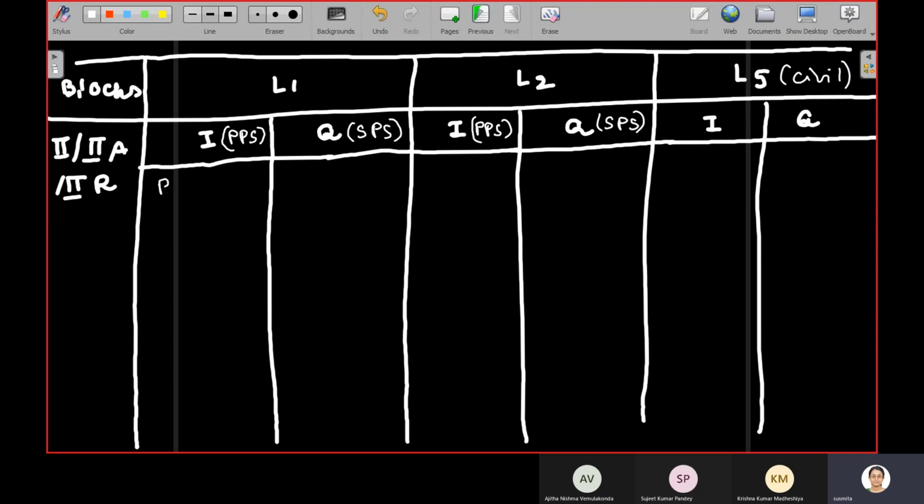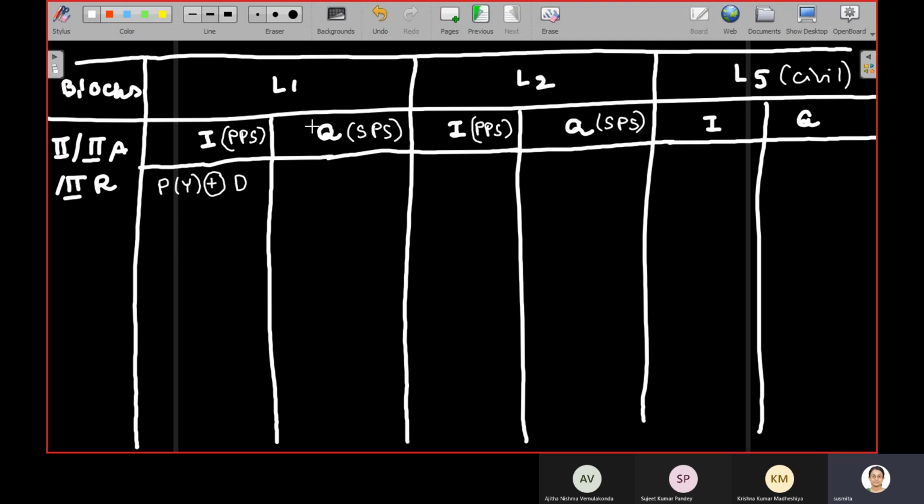Now the I, since this is for PPS or military, has D for legacy nav data. So modulo 2 sum of PY and D is present in the in phase component. In phase is sine. In the earlier representation, we use sine for in phase and cos for quadrature phase.